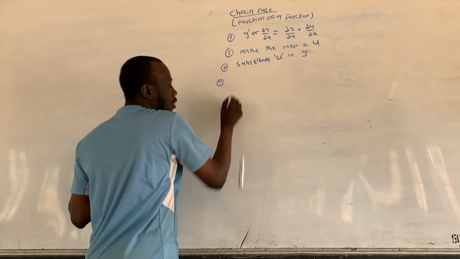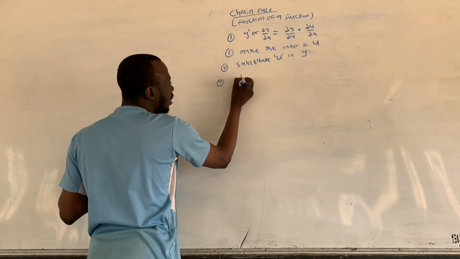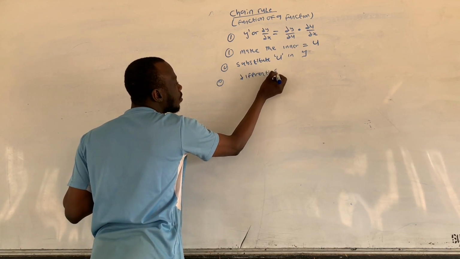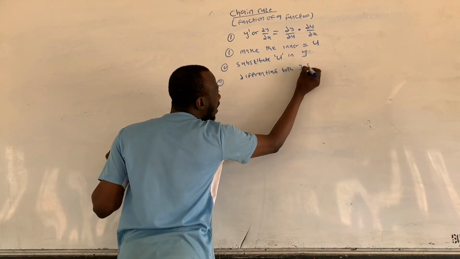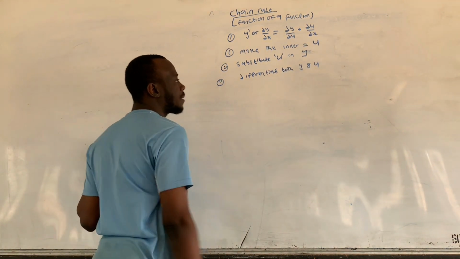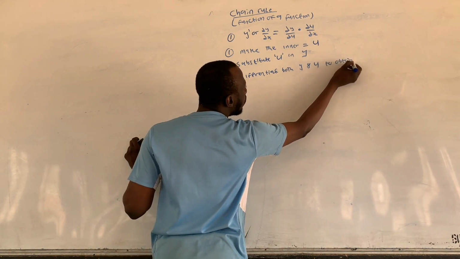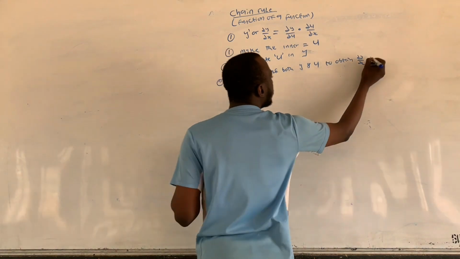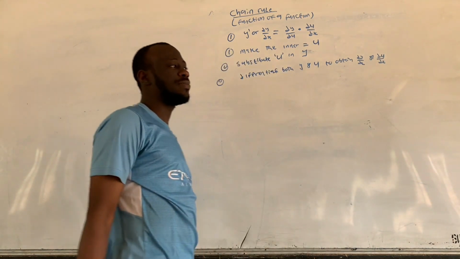Then you differentiate both y and u to obtain dy over dx and what? du over dx respectively.